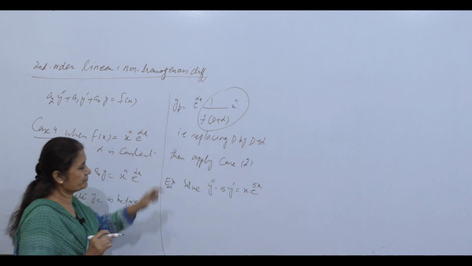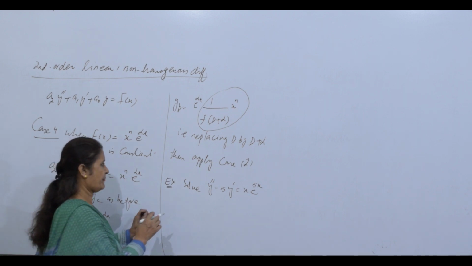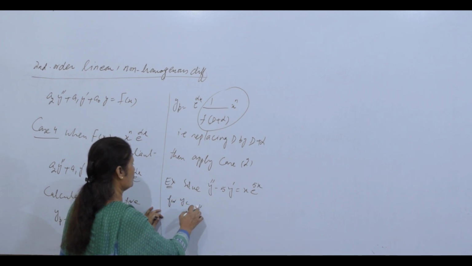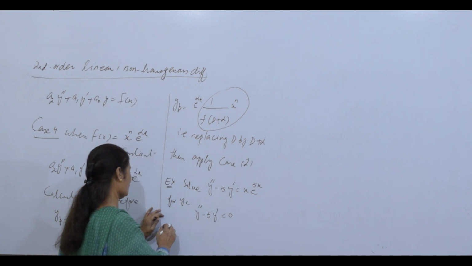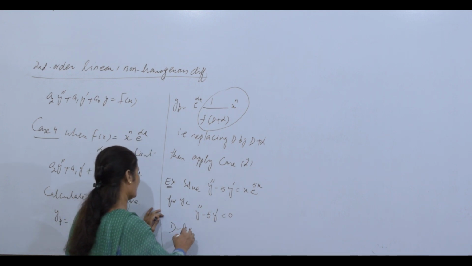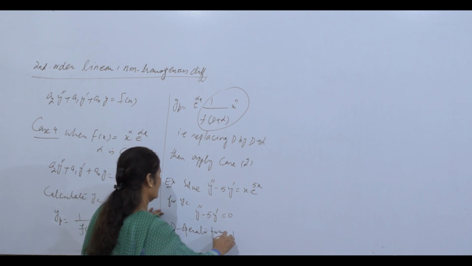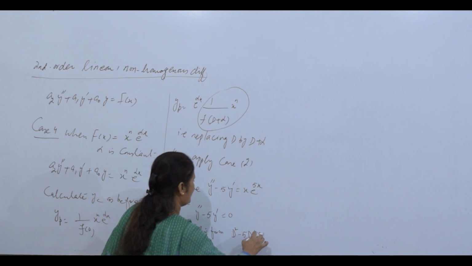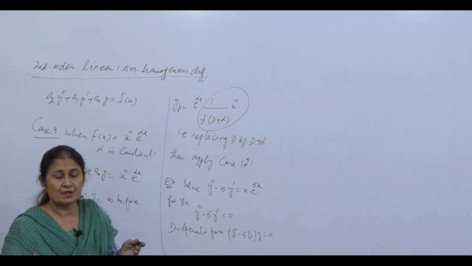Look at that, a product of two functions on the right. So for yc, what you are going to do is y double dash minus 5y dash equal to 0, in D operator form D square minus 5D operate on y, because an operator is operated on something.